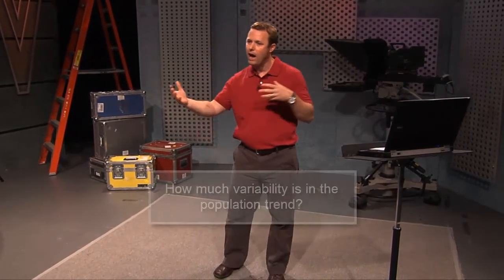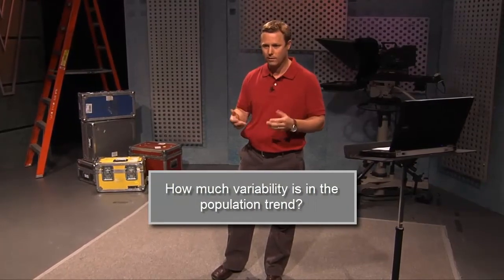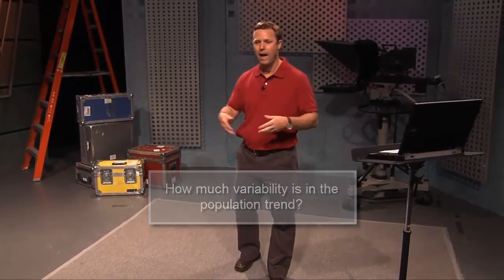In other words, the population is stable and doesn't change from one year to the next. But by and large, over time, population rates change. So not only do we need to know some measure of population trend, but we need to know how much variability there is in that population trend. So we need to know something about how it changes over time.